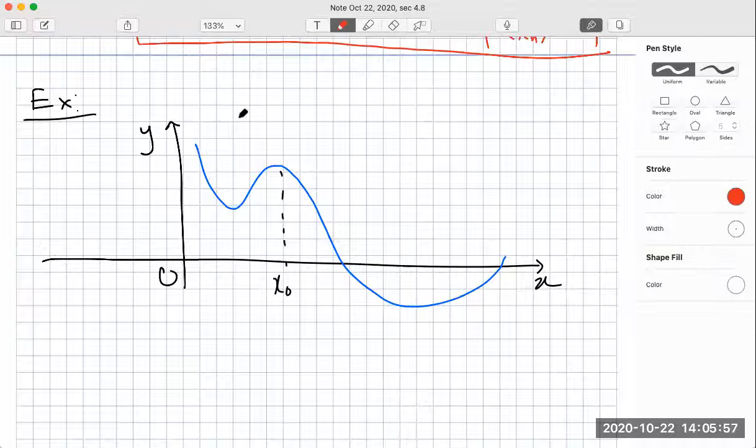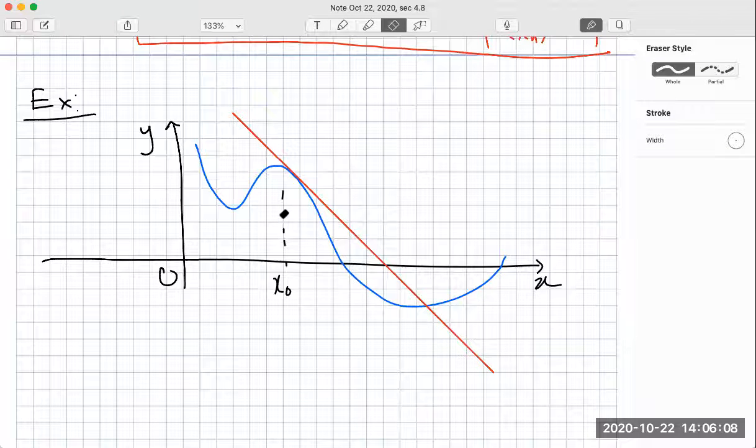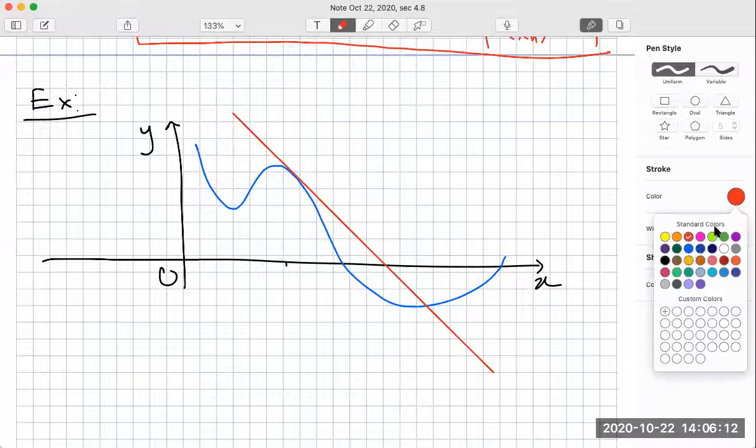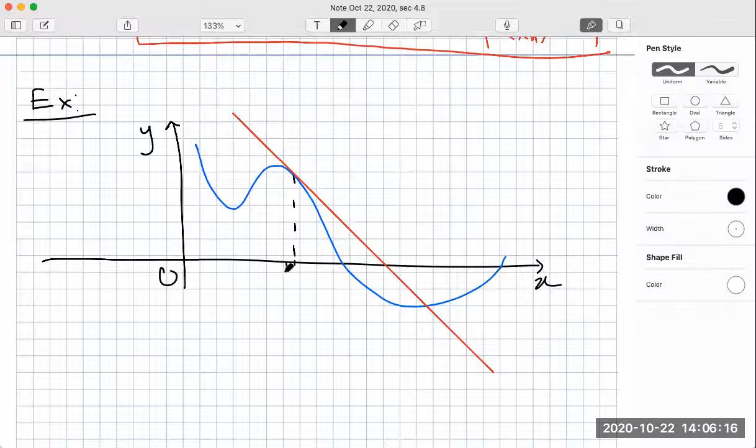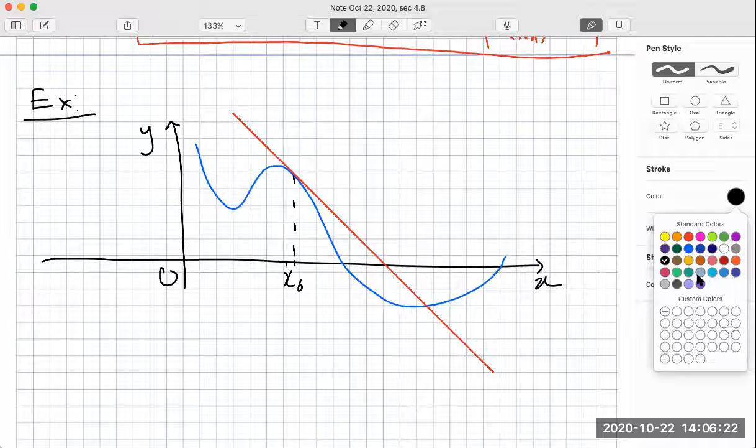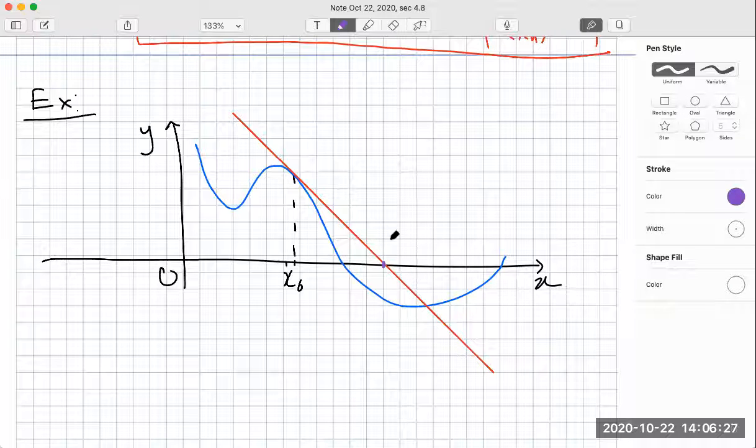Let me draw another one. Okay. Let us say x0 is this point. Then from this, we know that x1 should be this point, right? This is x1.